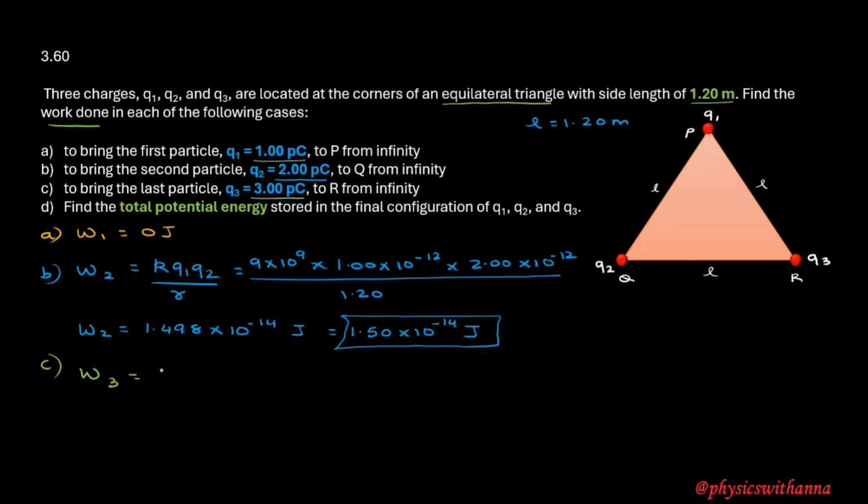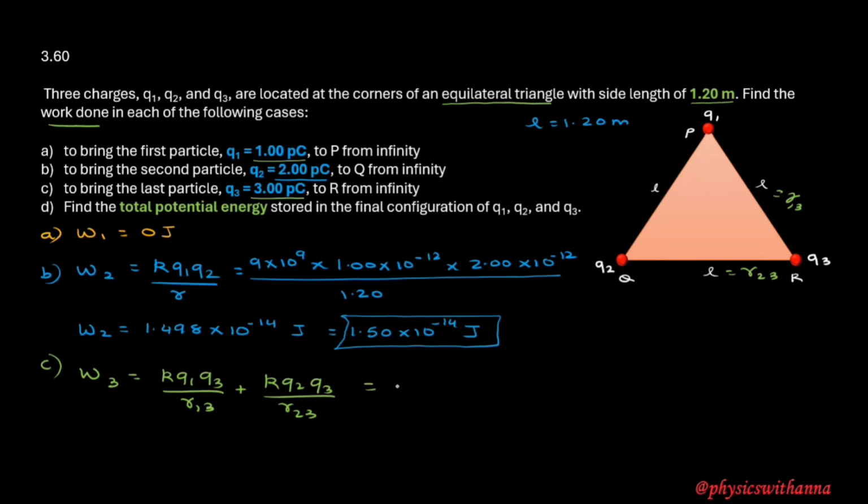So we write K Q1 Q3 over R13 plus K Q2 Q3 over R23, where R13 is the distance between charge 1 and charge 3, which is equal to L, and R23 is the distance between charge 2 and charge 3, which is also equal to L.